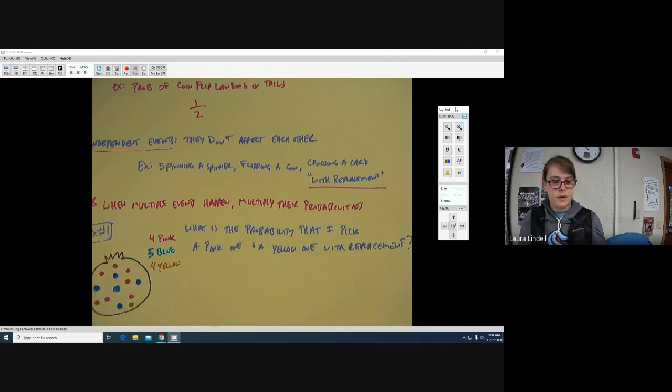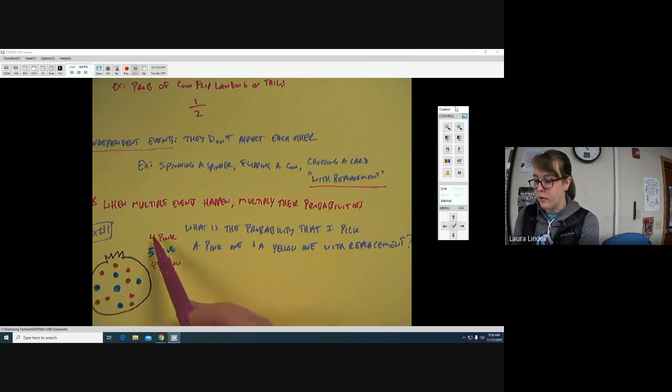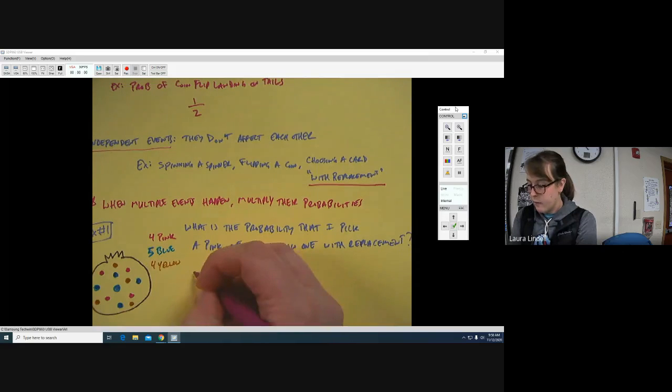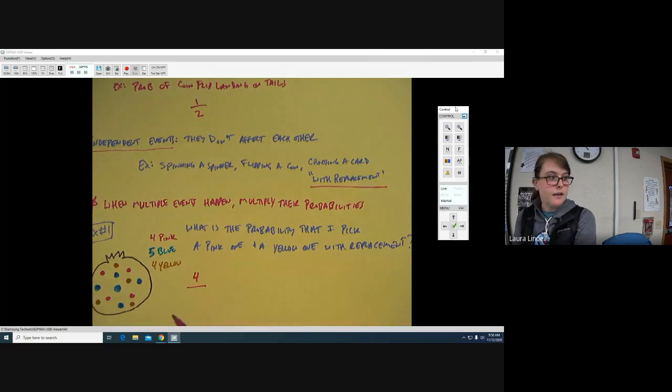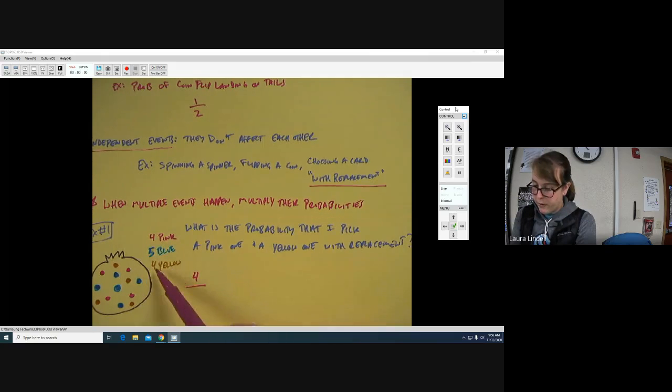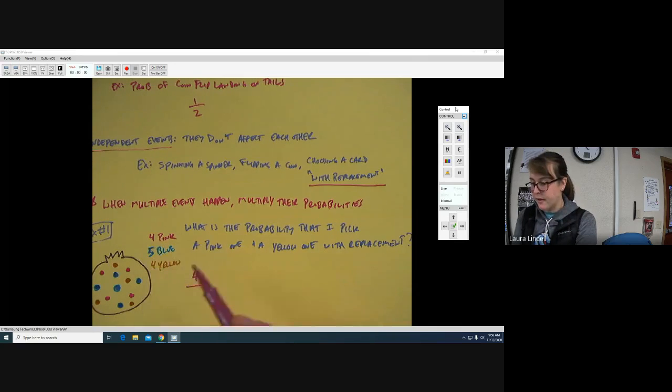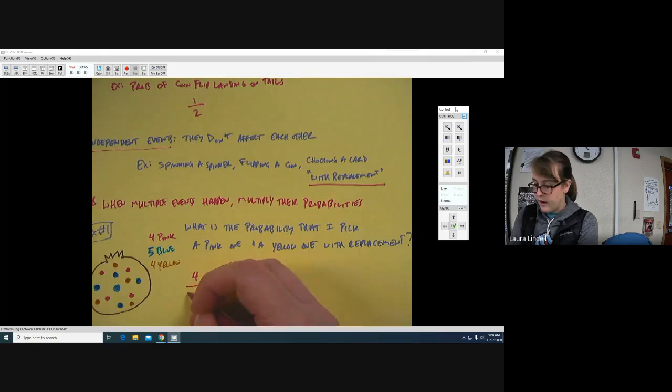Okay. So what I want to do is figure out what's the probability that I'll pick a pink one, and then what's the probability that I'll pick a yellow one, and multiply them together. So the probability that I'll pick a pink one, well, there's 4 pink marbles, so that's my number of favorable outcomes. 4 pink. Out of how many total marbles could I pick? Well, there's 4 pink, 4 yellow, and 5 blue. If I add all those together, that is 13 total marbles.